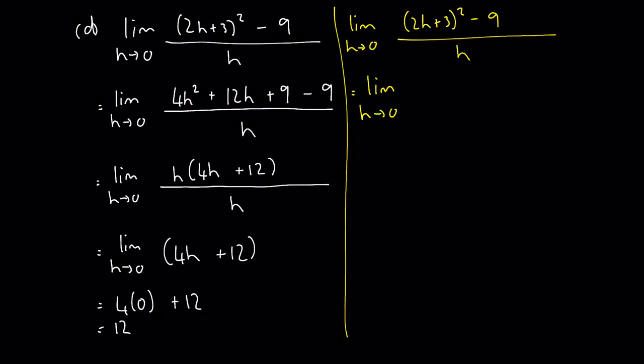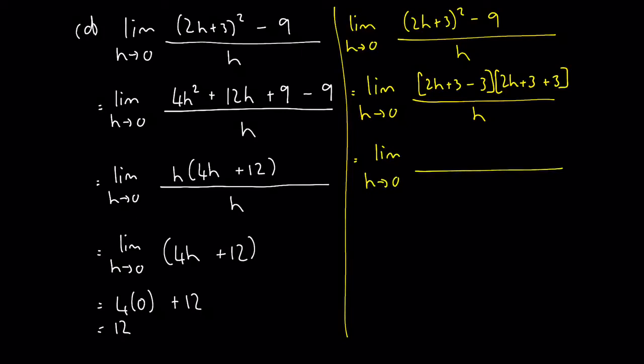And really either method is fine. It's whatever you're comfortable with. So we have 2h plus 3 minus 3, and we have 2h plus 3 plus 3 over h. In this case, this one's a little bit more complicated, in my opinion. But again, both will work.